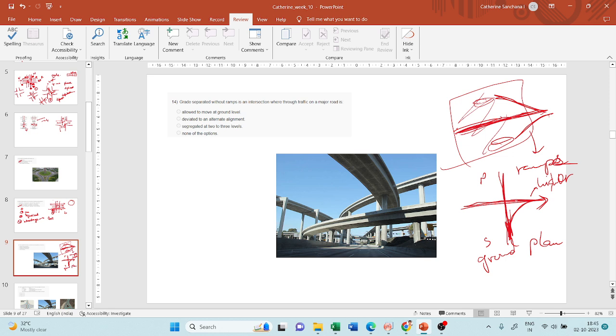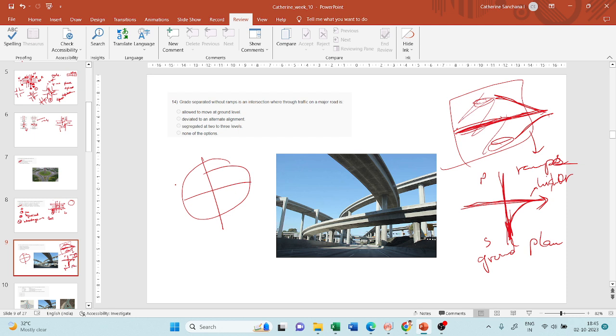And what do I mean by without ramps? Without ramps is where two roads cross one another and vehicles do not have access to the other road. To come to the other road, some other provision would have been provided, but not at this intersection. So this is called a grade separated interchange without ramps.